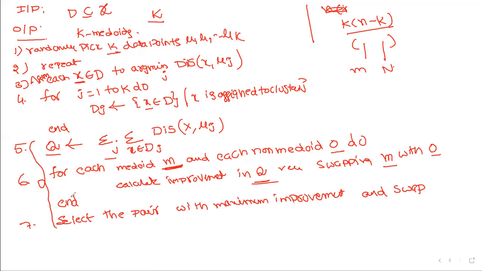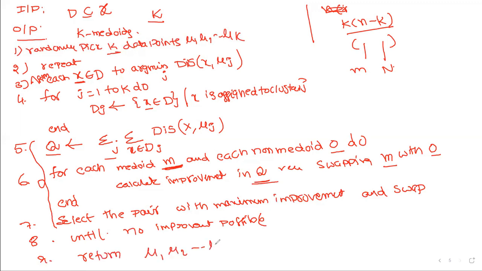So what is the additional point? You have to perform the swap operation. After performing the swap operation, again calculate, that is, the performance of the algorithm is improved. The process is repeated until no improvement is possible. Finally, we have to return these values mu1, mu2, mu k.